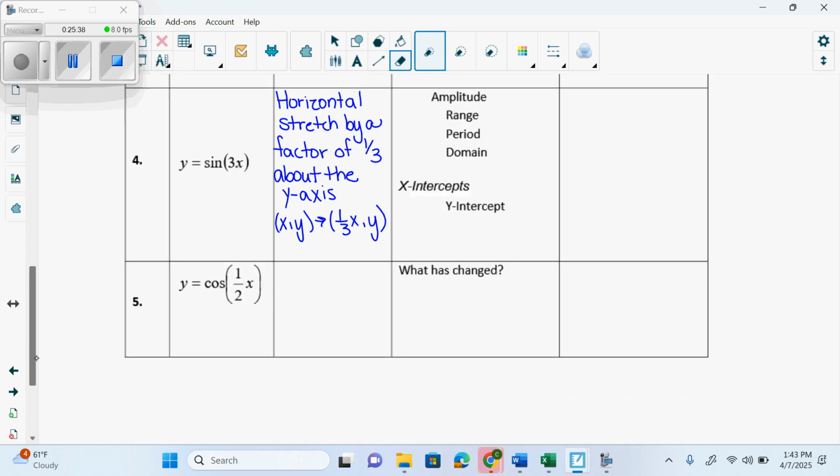This one is a horizontal stretch by a factor of about B.